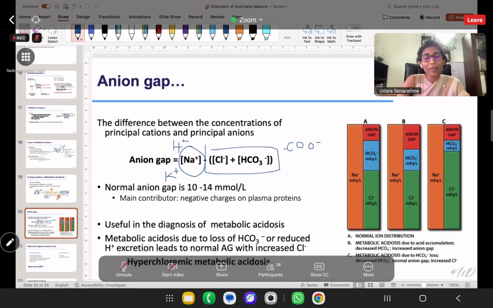And that excess gap is due to the organic acids that have been produced due to whatever the pathology that is going on in the body. So here, normally you have an anion gap of about 12 millimoles per liter, which is due to plasma proteins because they are usually negatively charged.